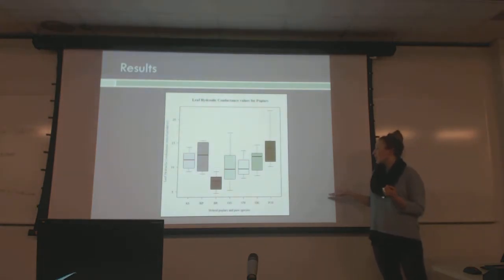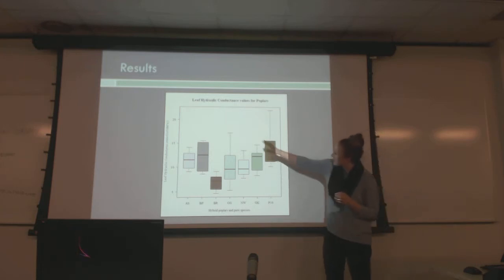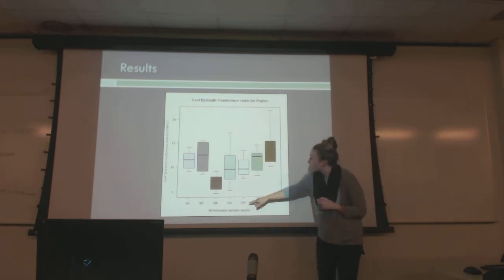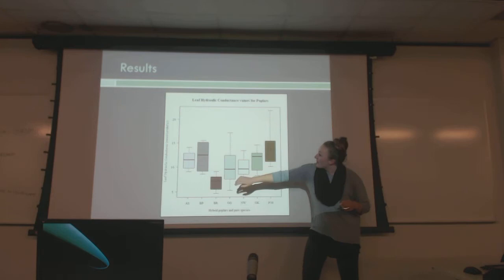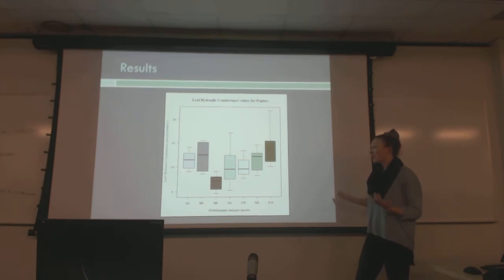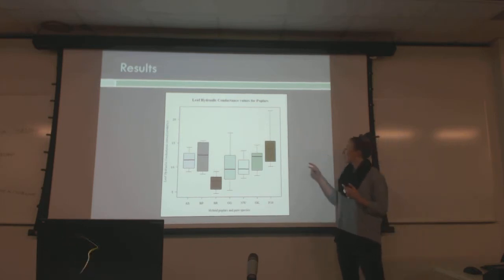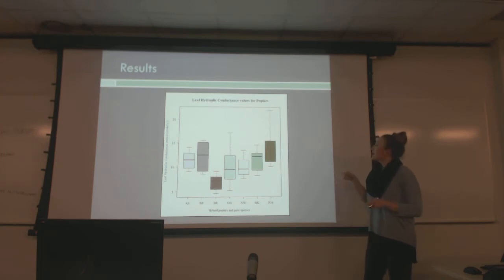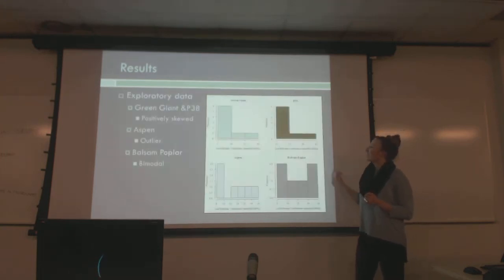These are just some of my first exploratory graphs. This shows the distribution of my hybrid poplars and then the pure species, with leaf hydraulic conductance on the y-axis. There is quite a lot of variety, which I thought was cool since they're really genetically similar. But there's a lot of variety in each species, which when I did histograms was kind of frightening.